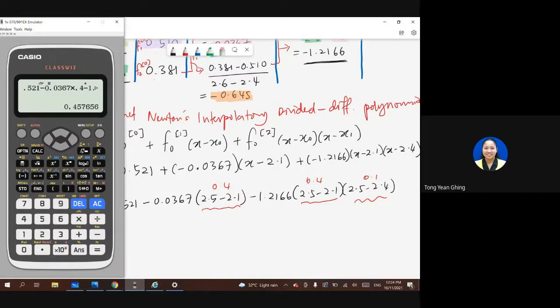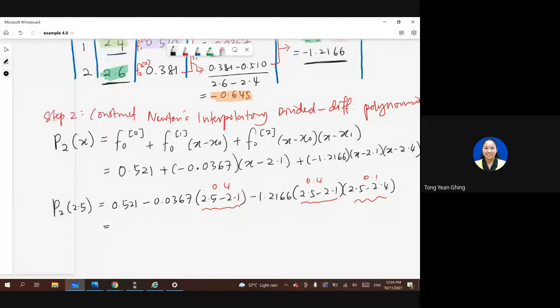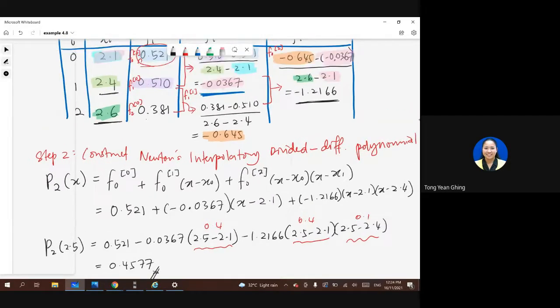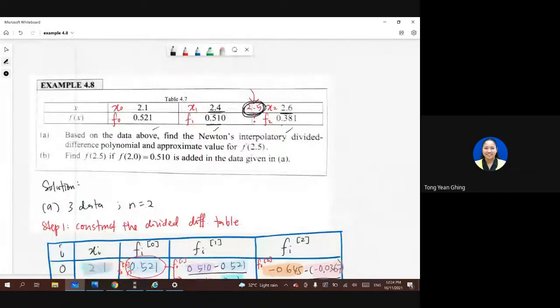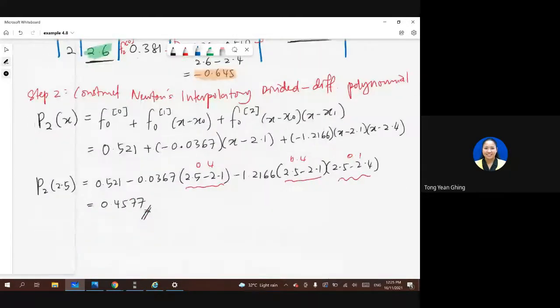So dapat 0.4577. 0.4577. So this is the value at this point. Okay. Semua okay? Boleh? A.